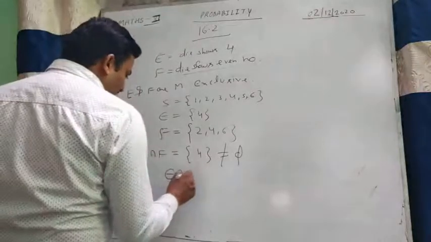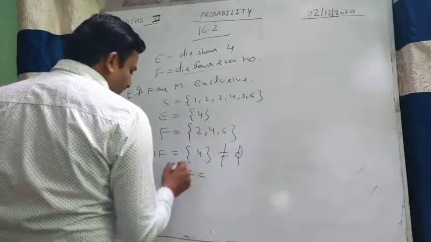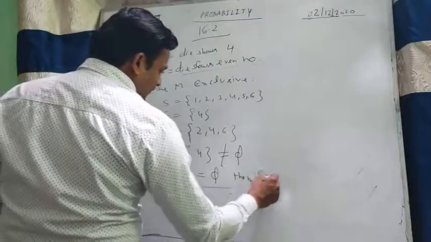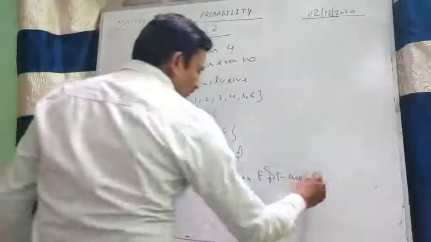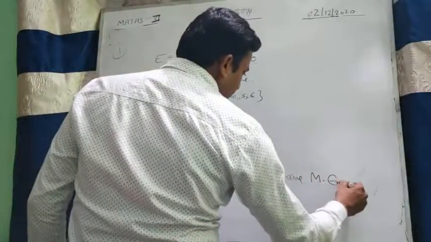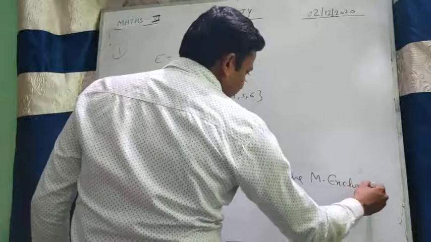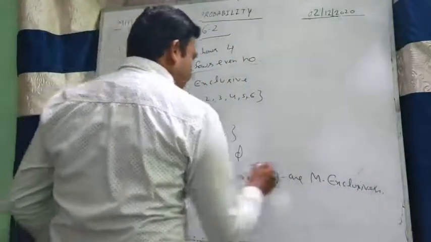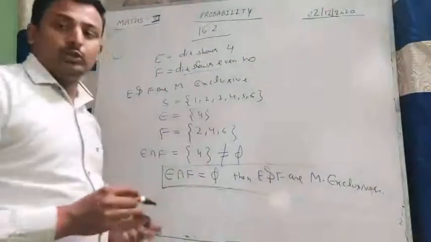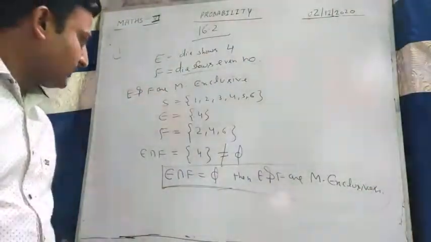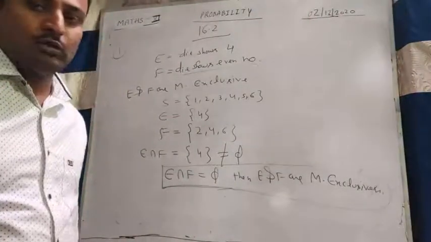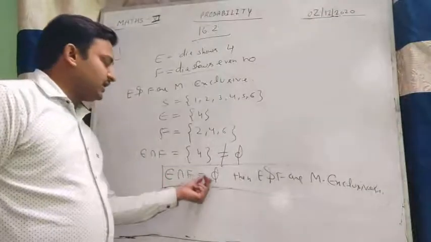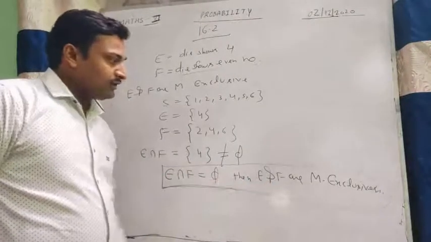And we know that if E intersection F is the empty set, then E and F are mutually exclusive events. Our condition for mutually exclusive events is that two events are said to be mutually exclusive if there is nothing common.